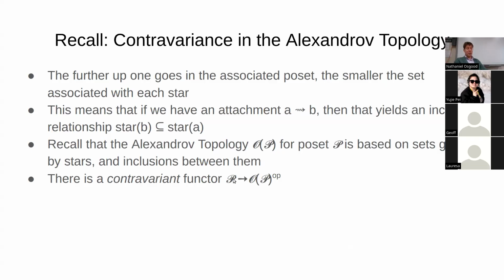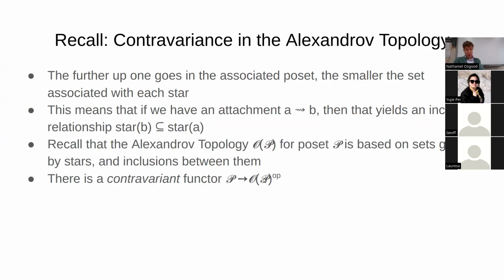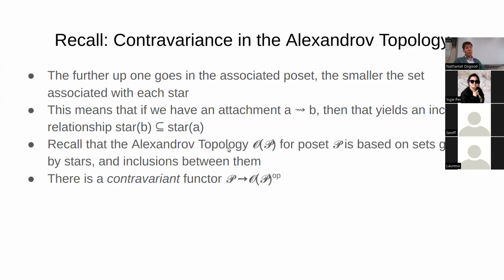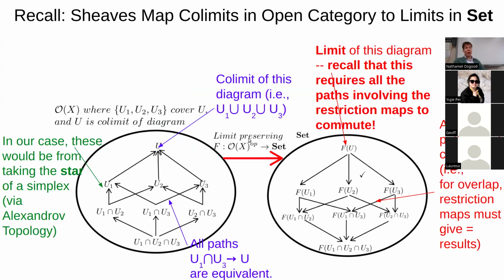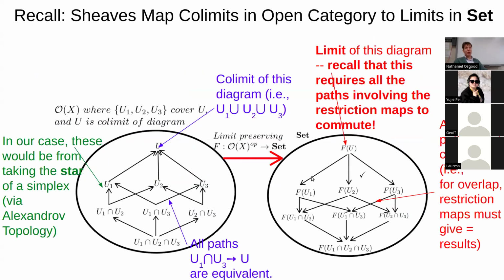I think of this as the face poset for poset P, the face poset f of x here, and this is associated with O of f of x, the topology for that, and it's from this topology that we map here. So I believe what it boils down to is you have this composition of this contravariant functor with this one, and that forms a net covariant functor in here.